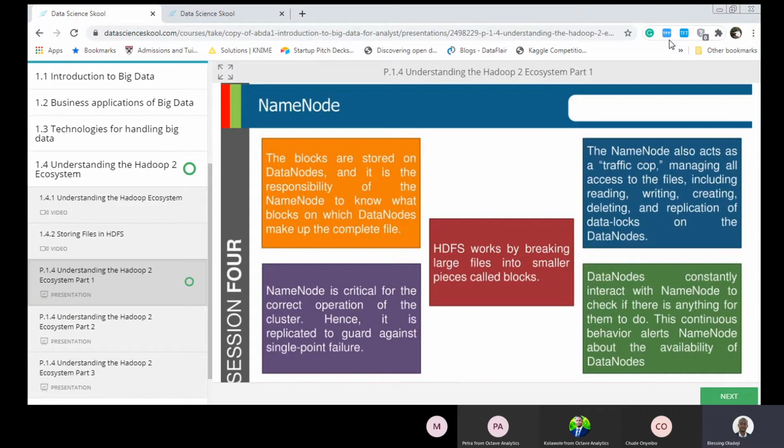And each time anything happens, if a data node goes down, so if you decide to shut down one of the computers within the cluster, there should be a communication between the name node and the data node that, okay, this particular data node is no longer available. And if you turn it back on, you should be able to tell it immediately that it is now available. So imagine how Hadoop works. It's something that is complex, but it's very, very simple.